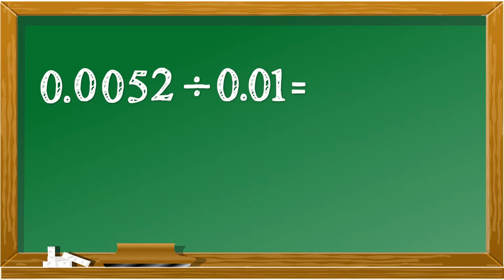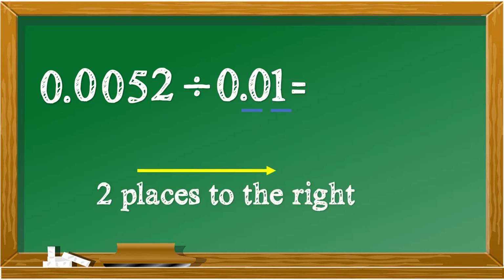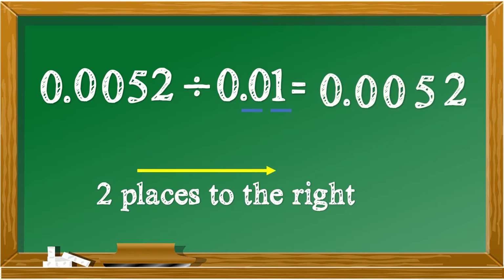Next, we have 52 10,000ths divided by 1/100. 1/100 has 2 decimal places. So, therefore, we will move 2 decimal places to the right. First, copy the 52 10,000ths and then move the decimal point 2 places to the right. 1, 2.